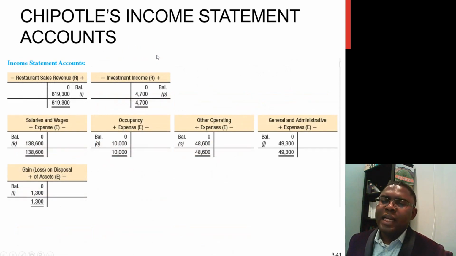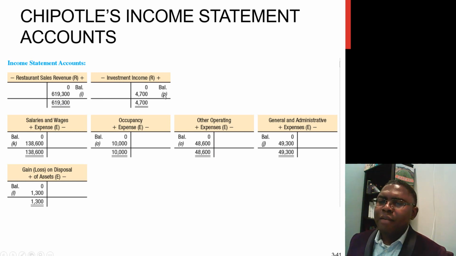We also isolate accounts that go on the income statement. We saw an example of an income statement. So largely we'll need revenue accounts and expenses. So restaurant sales revenue is a credit balance.